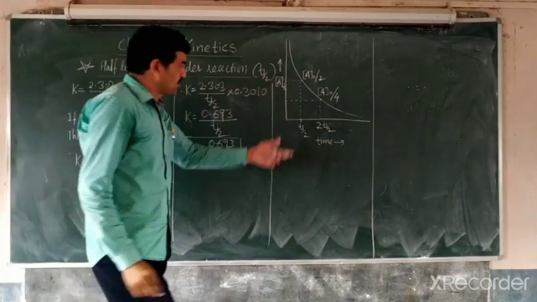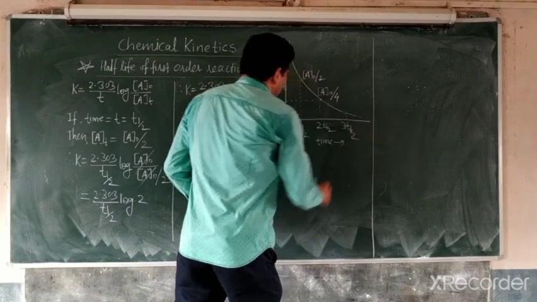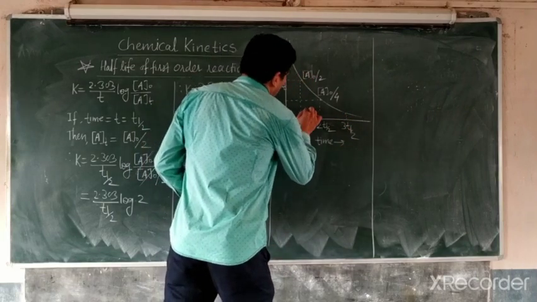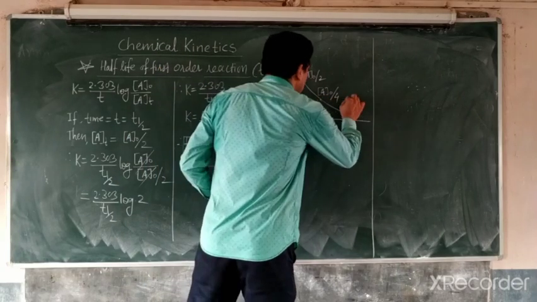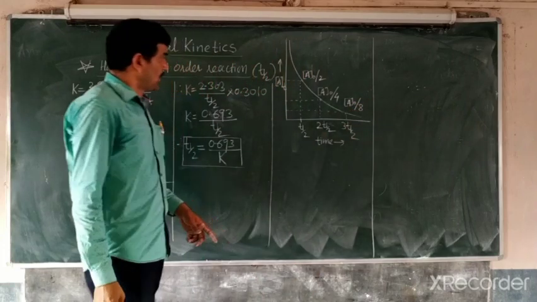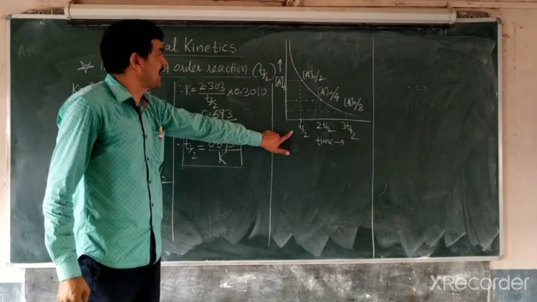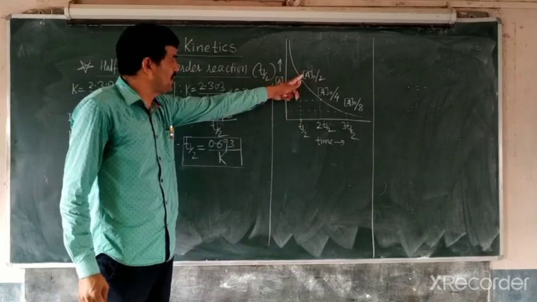After the completion of third half-life, the concentration will further fall. The concentration will become half of this value, that is A0 by 8. Means after the completion of first half-life, the concentration which remains behind is half of the initial value.